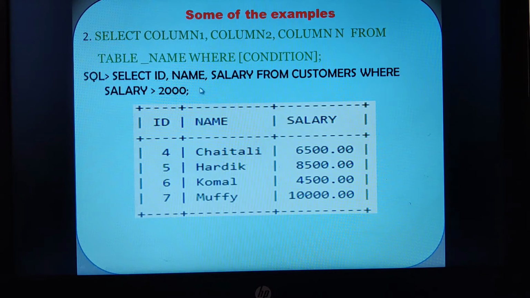If I don't mention ID, name and salary, and I had written select star from customers where salary is greater than 2000, carefully listen, what the asterisk indicates is that it retrieves all the records wherever the salary is greater than 2000.